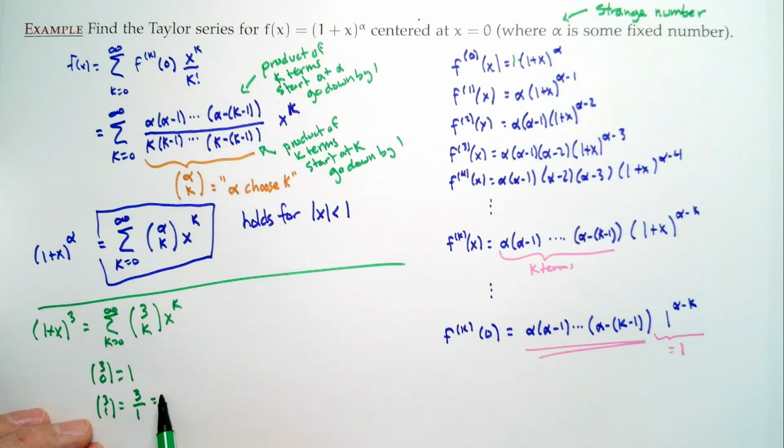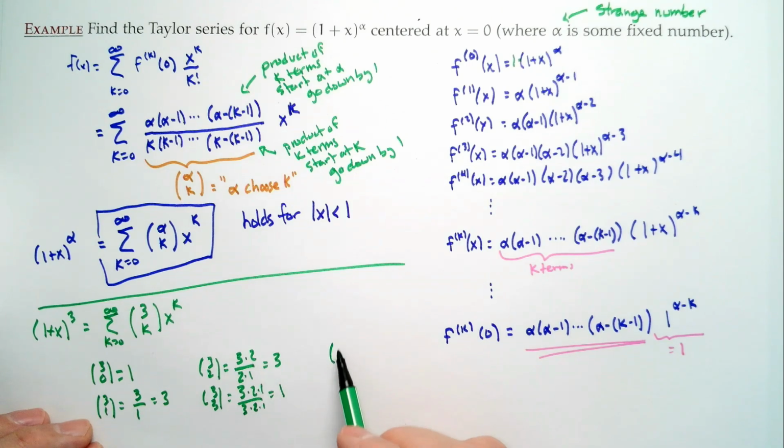So 3 choose 1 is 3. How about 3 choose 2? Top you start with 3, bottom you start with 2, and you want 2 terms. So 3 times 2 over 2 times 1 turns out to be 3. How about 3 choose 3? Top is 3, bottom is 3, and there are 3 terms on each, so you end up with 1.